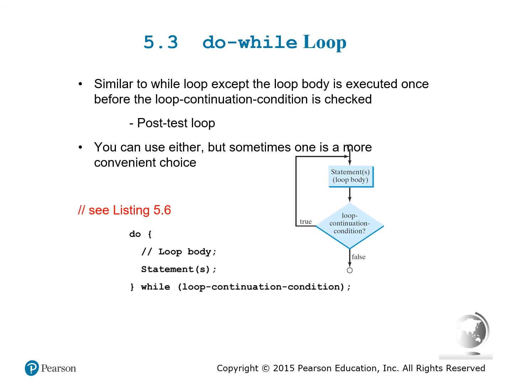The statements forming the loop body are contained inside the braces. It is worthwhile to distinguish that the semicolon at the end of the do-while loop is mandatory, but the while loop does not end in a semicolon. Use a do-while loop if you have statements inside the loop body that must be executed at least once.